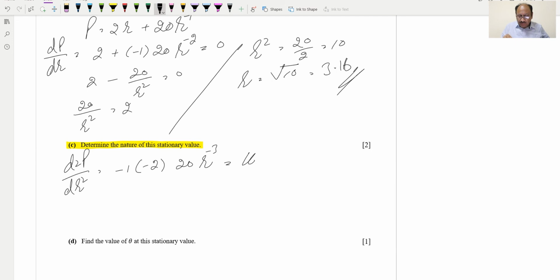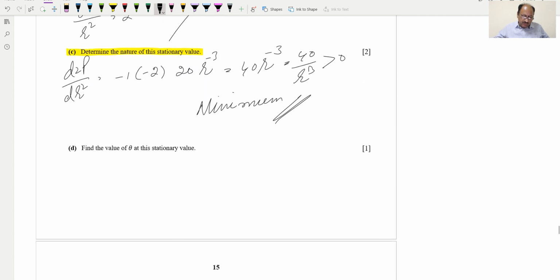So 40 r raised to the power minus 3, which we can write as 40 over r cubed, and this is greater than 0. If the second order derivative is positive, or greater than 0, then it will be a minimum. So we'll write minimum.